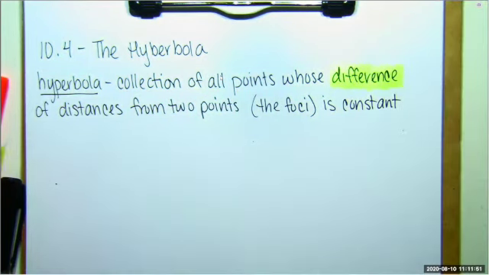Okay, so a hyperbola is a collection of all points whose difference of distances from 2 points called the foci is constant. Now, this definition is almost identical to the definition of the ellipse.